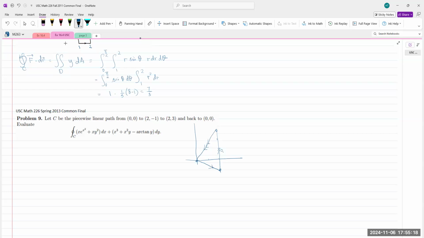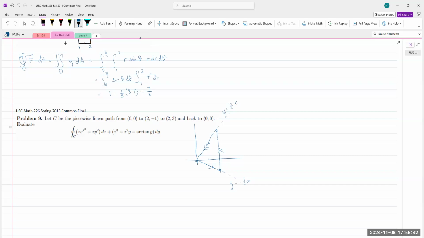Okay, this is part of y equals -1/2 x, is it right? And this is part of the line y equals 3/2 x, I believe.